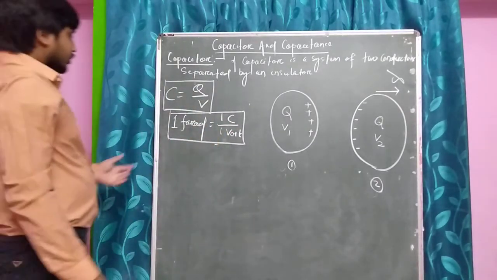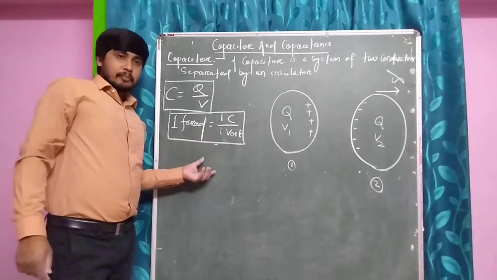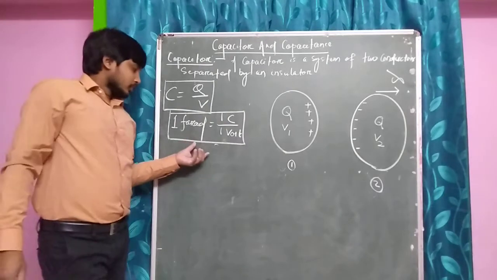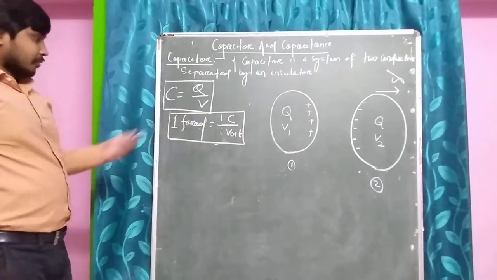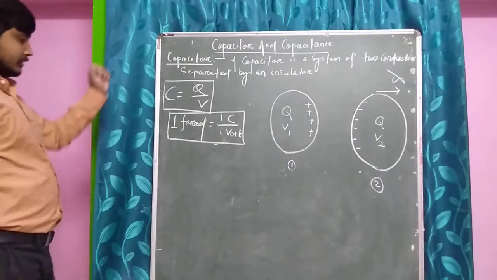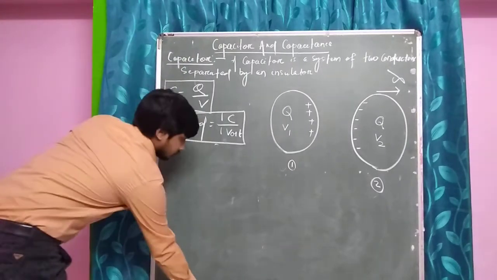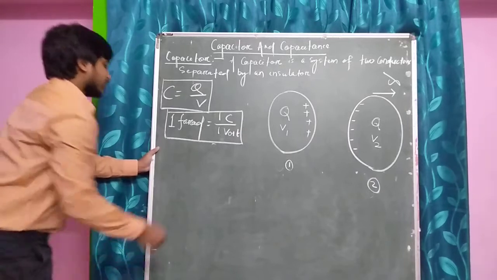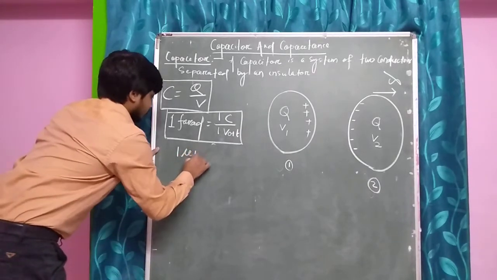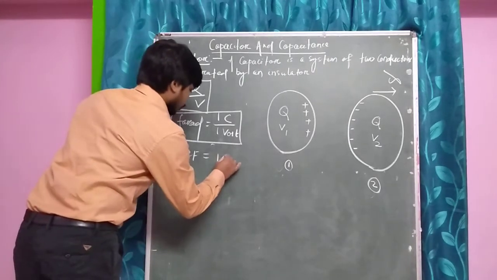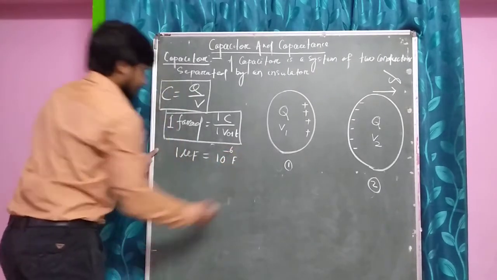Then if I go to the practical use, you will have some other units of capacitance. Just note down: 1 microfarad. Remember that 1 microfarad is equal to 10 to the power minus 6 farad.